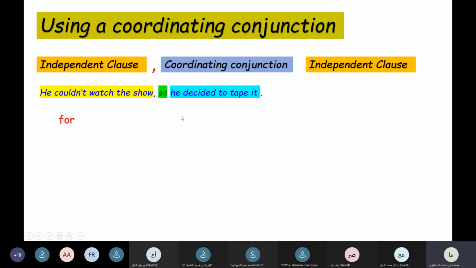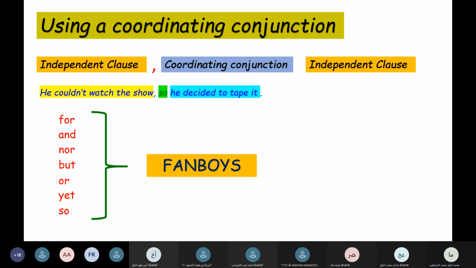Here we have some of the coordinating conjunctions like for, and, nor, but, or, yet, so, etc. These are called what? Coordinating conjunctions. Fanboys.